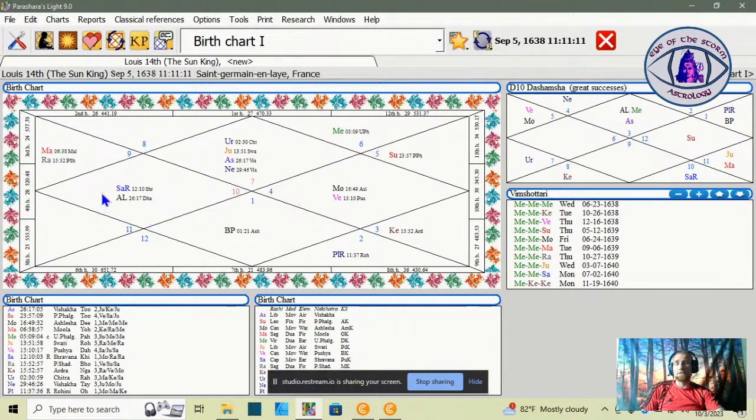Next, a really interesting thing to see here is that both Saturn as well as the Arudha Lagna are sitting here. Saturn is retrograde, sitting in the sign of Capricorn in the 4th house, and it's in the Shravana Nakshatra. So Saturn in Capricorn, obviously Saturn rules Capricorn, but Capricorn and Saturn are both associated with law. They're both associated with governments, with kings.